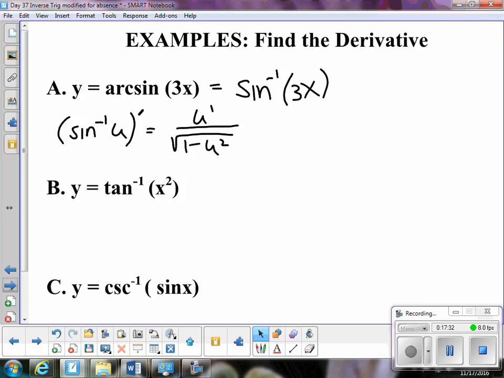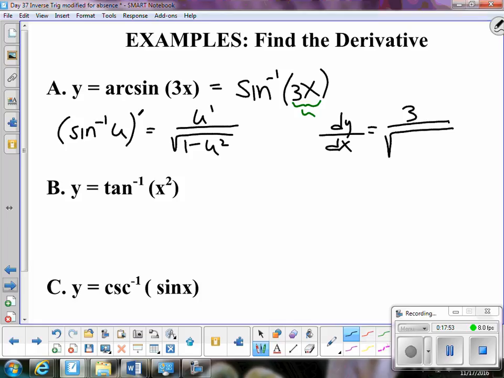In this case, our u is 3x. So dy dx equals, u prime goes up top. Whatever you're taking the inverse sine of, its derivative goes in the numerator, so that's 3. And then in the denominator, we have the square root of 1 minus u squared. Well, u is 3x, so if you square it, you either leave it in parentheses with the squared, or you square it out, 9x squared.